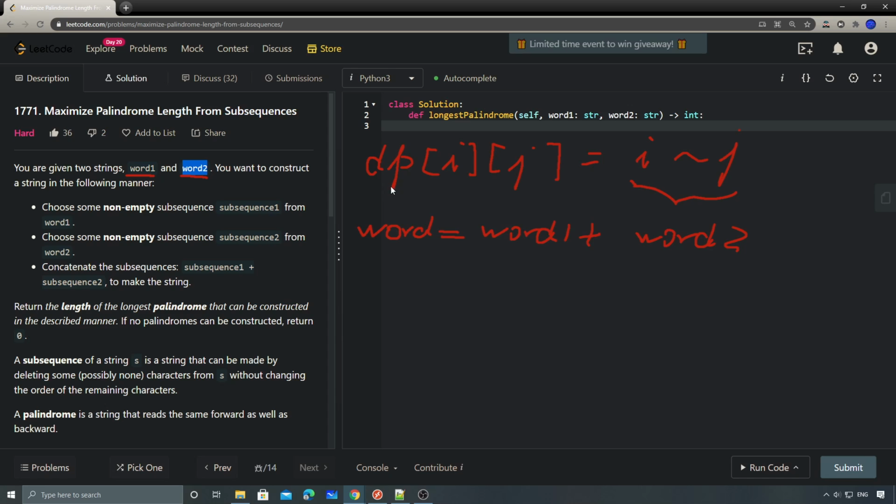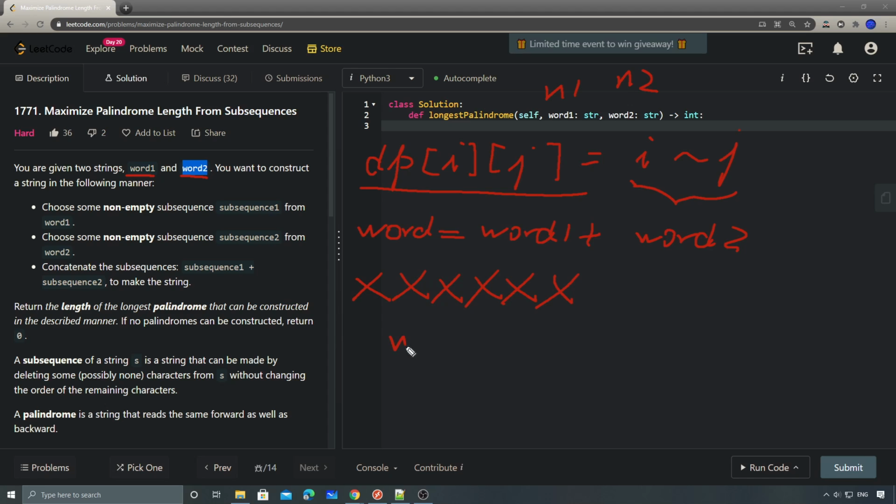So assuming we have this, all we need to do, there's a trick here. Because i is the starting point and j is the ending point, we just need to enumerate all the i's in the range, let's say we have n1 and n2. So let's say we have this kind of string here, this is word 1, and this is word 2.